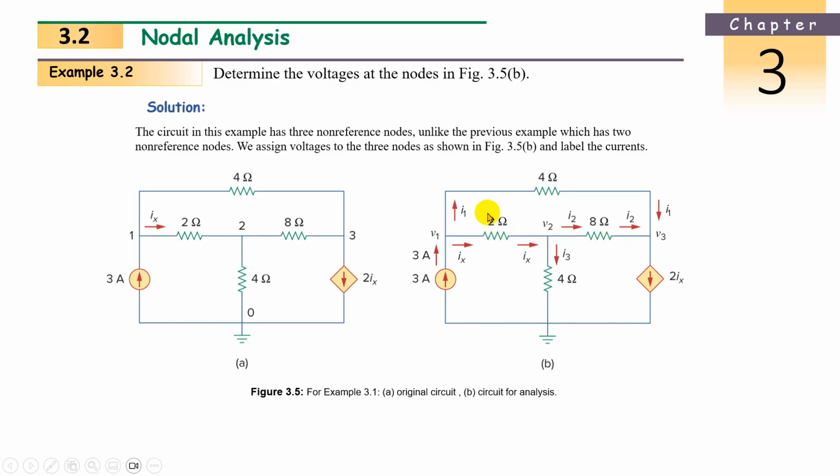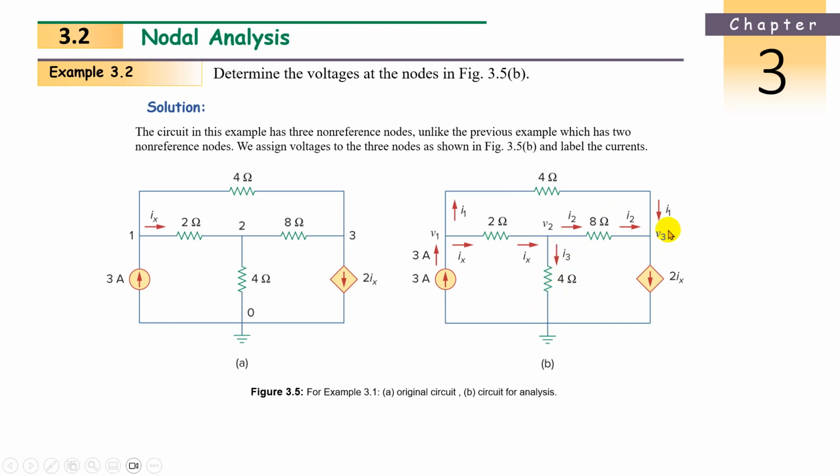Second one, at node 2, what is the equation? Current entering is Ix, leaving are I2 and I3. So Ix is equal to I2 plus I3. What is Ix? V1 minus V2 divided by 2. And what is I2? V2 minus V3 divided by 8, plus I3, V2 minus 0 divided by 4.